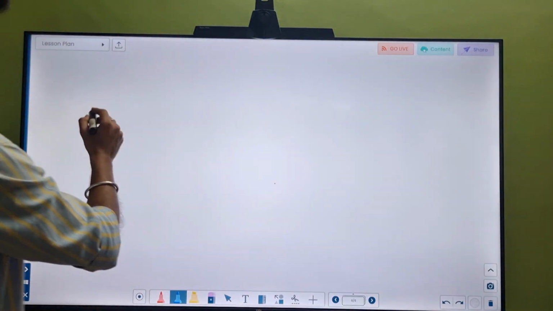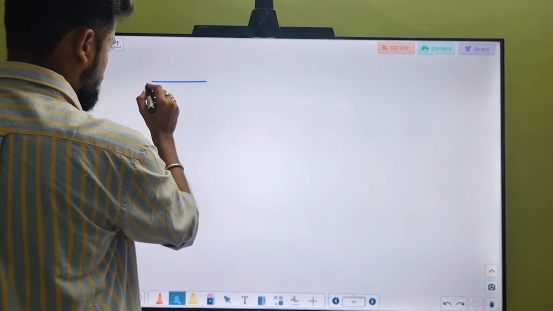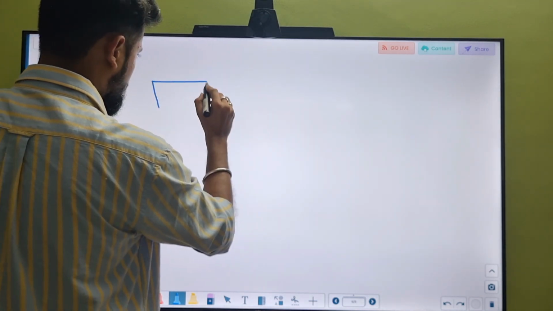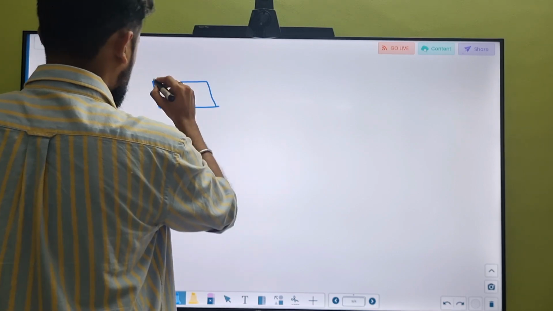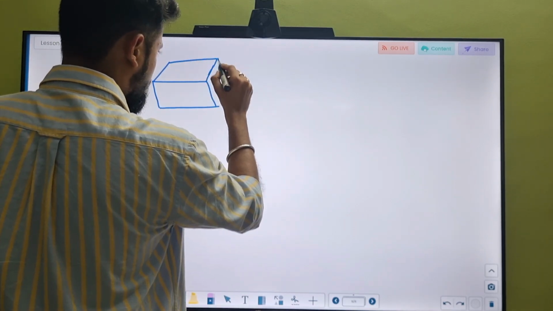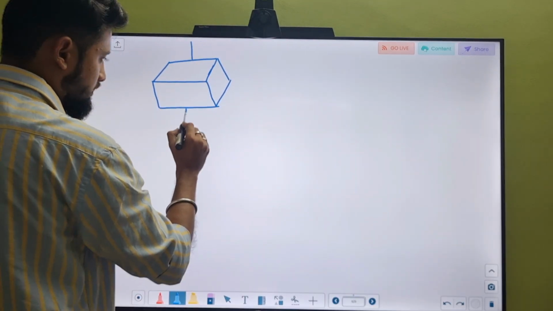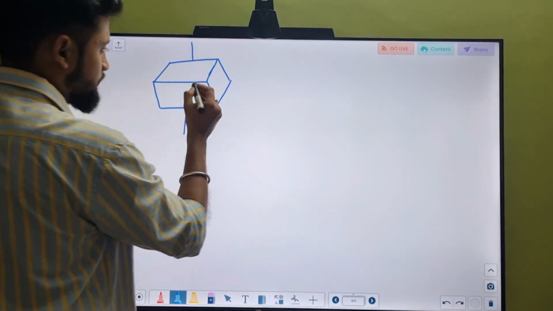So I'm holding it along the edges and I'm rotating it.